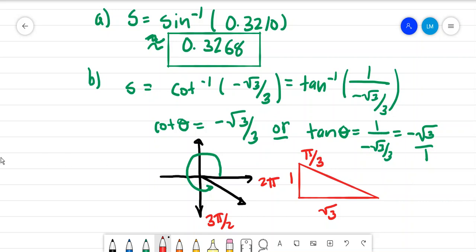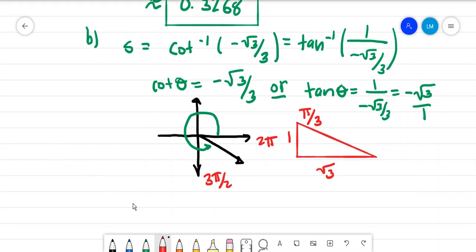So I happen to know that the angle measure that I'm going to get for theta must be 2 pi minus pi over 3, which in this case is going to be 5 pi over 3.